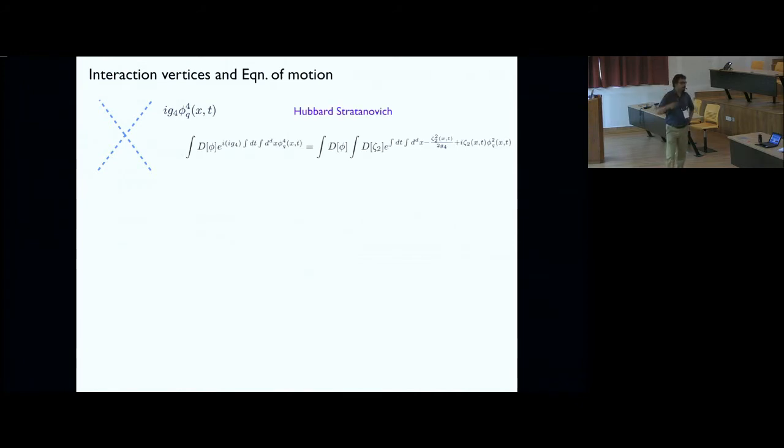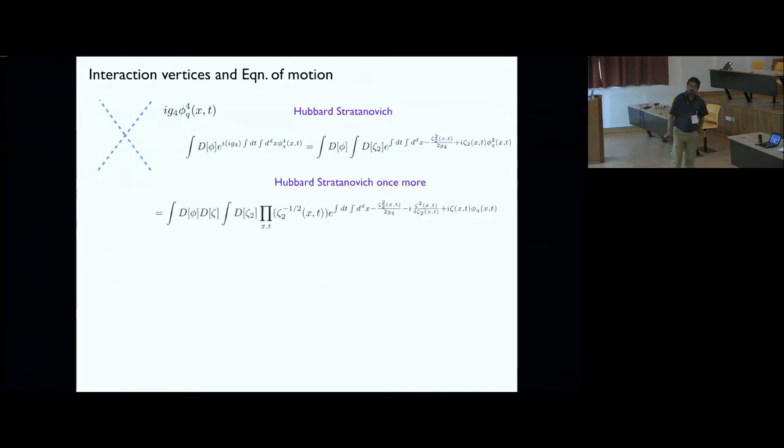So we can ask the same question. Again, it's even in phi quantum, so let's do the standard trick of going through Hubbard-Stratonovich. Fine, you get a Gaussian part here and you get a source, but it's still even in phi quantum. So what you do is what is called a nested Hubbard-Stratonovich. You just do Hubbard-Stratonovich once more on this term. Then you get two integrals, and then you finally get something which looks like a source term. You have complicated things sitting here.